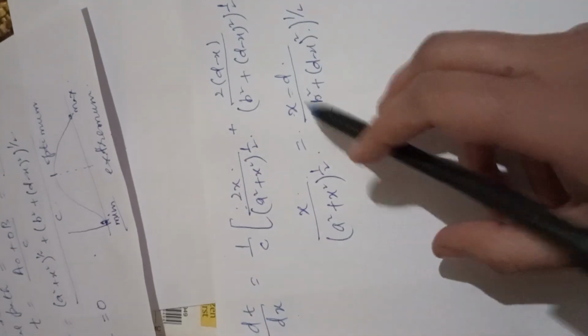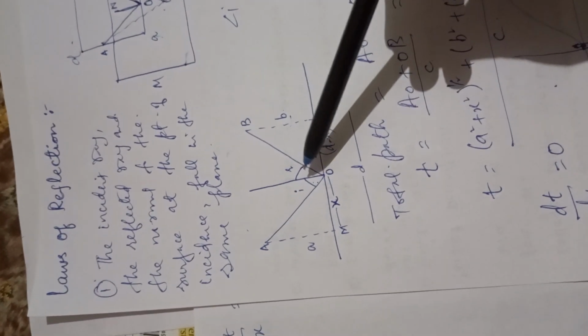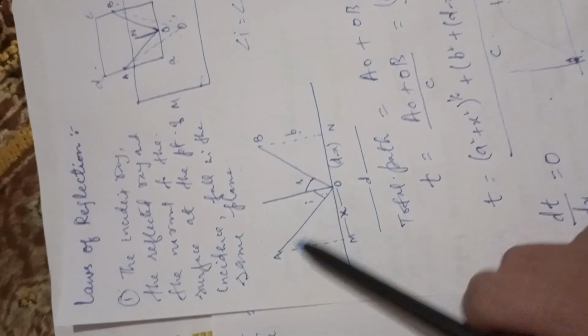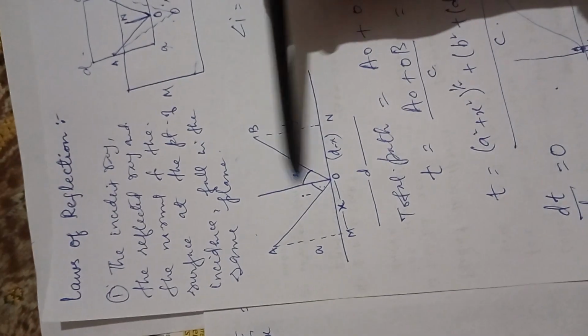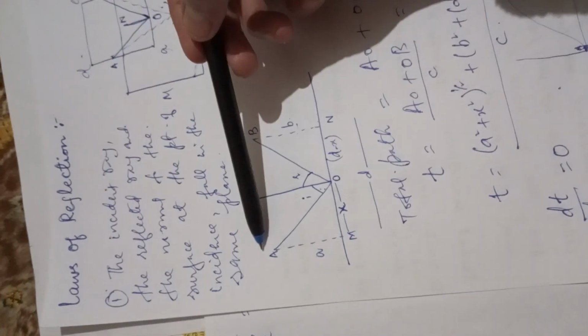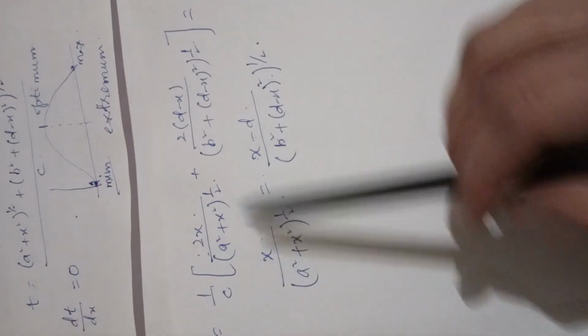If you find these ratios from the graph, you will find that one is sine of the angle of incidence and another is sine of the angle of refraction, because sine is base by hypotenuse. Here the base is a, and here the base is b. And the hypotenuse here is AO, here it is OB. You can find that yourself.